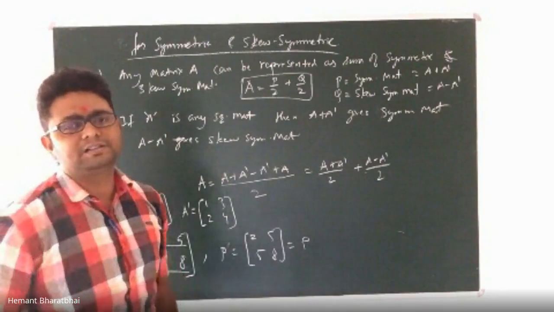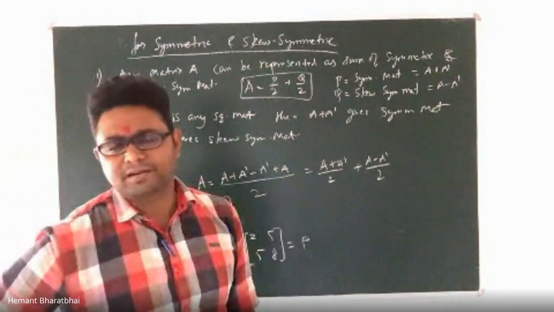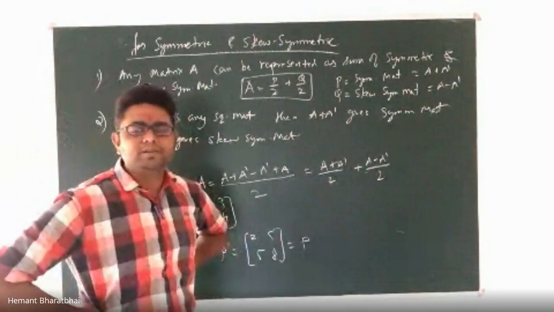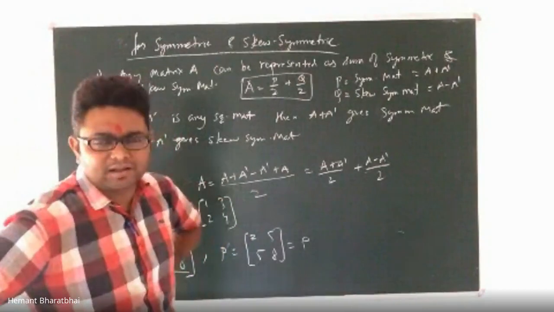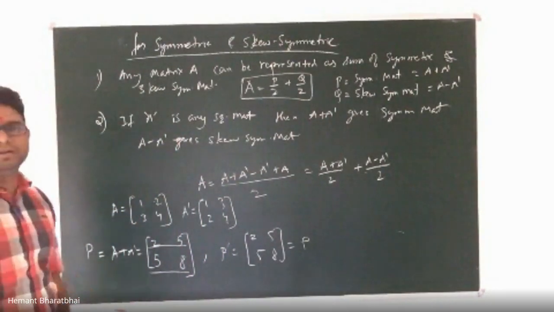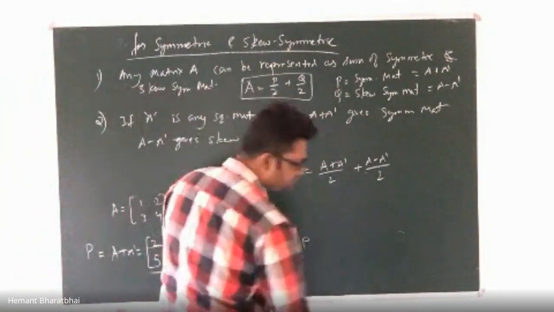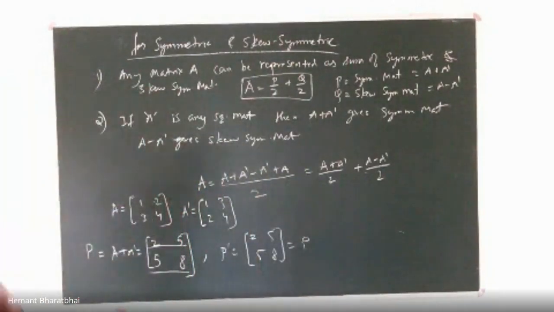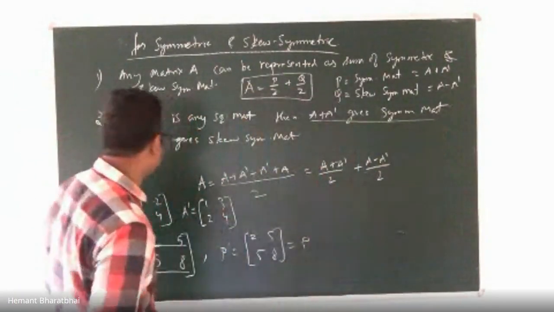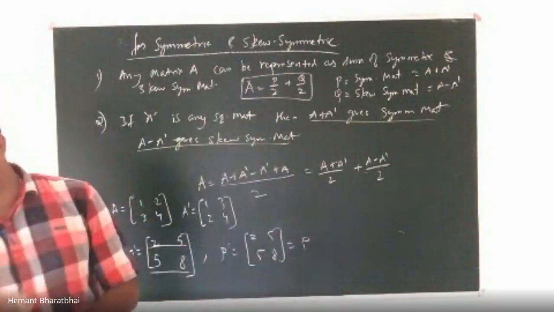If A transpose is equal to A, then the matrix is called a symmetric matrix. Here I have P transpose equal to P. Therefore, the matrix P is called a symmetric matrix, and P is nothing but A plus A transpose. Therefore, A plus A transpose will give me a symmetric matrix and A minus A transpose will give me a skew-symmetric matrix Q.